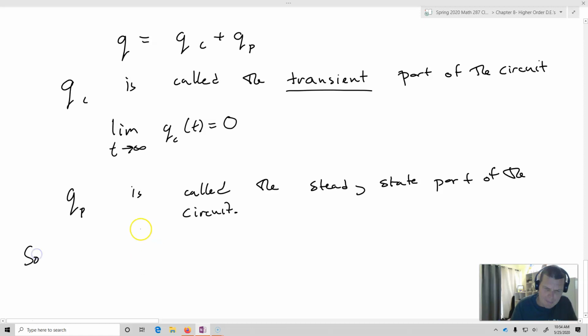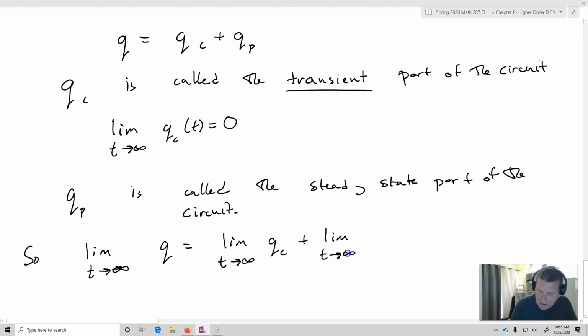So what happens is that the limit as t approaches infinity of Q, as we keep going on, is going to equal the limit as t approaches infinity of QC plus the limit as t approaches infinity of QP, which is simply going to equal 0, because that's what happens to QC, plus simply QP. So it's going to end up being QP, and hence why we call it the steady state.